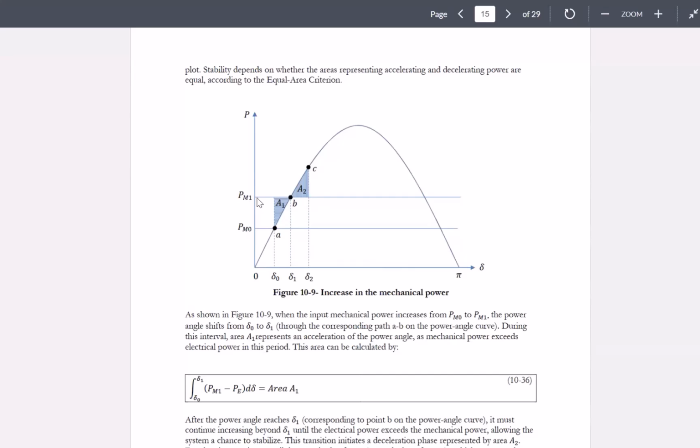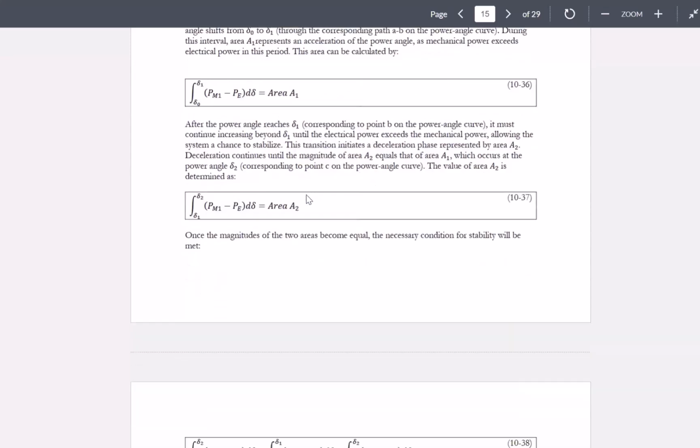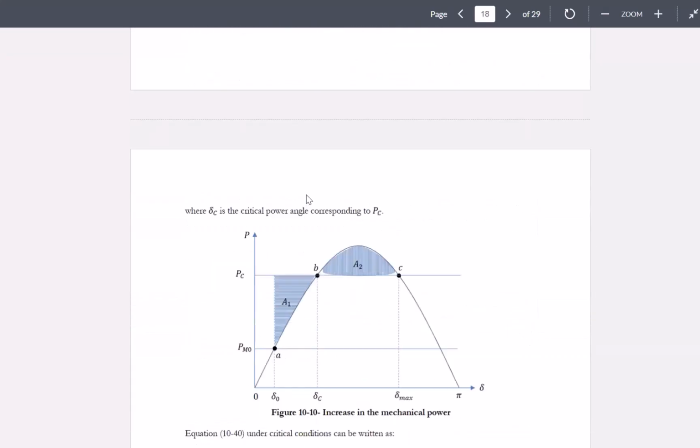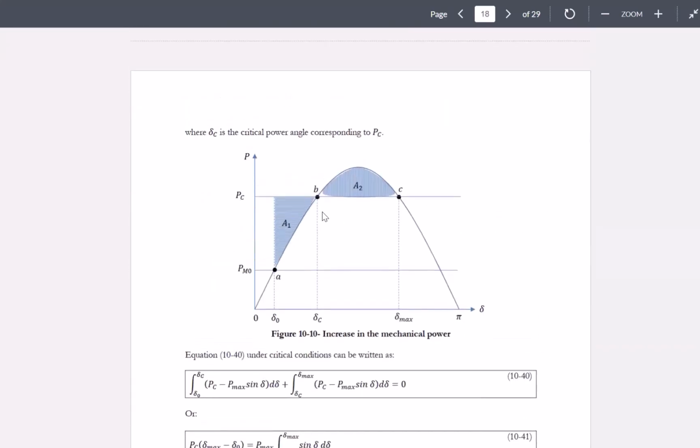Now, you can push this PM1 further and further and further and try to see if you can find an area 2 which would be equal to the associated area 1. And the ultimate case is when your area 2 would be between these two points, B and C, where the C point is the unstable equilibrium point of your system under that arbitrary PC value that we're going to look for.